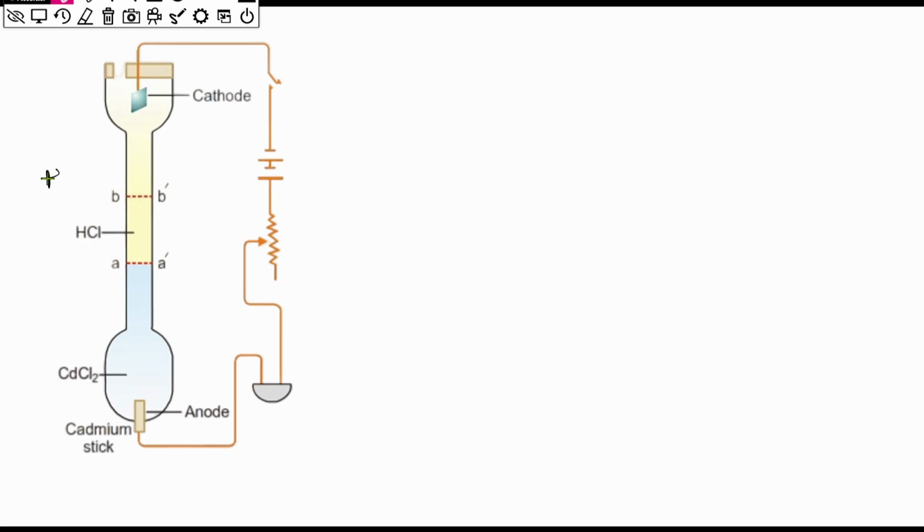Now we need to find how much electricity was actually carried by the H+ ions. That is the main aim of this moving boundary method.